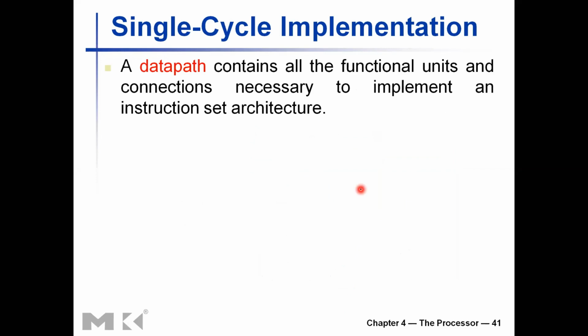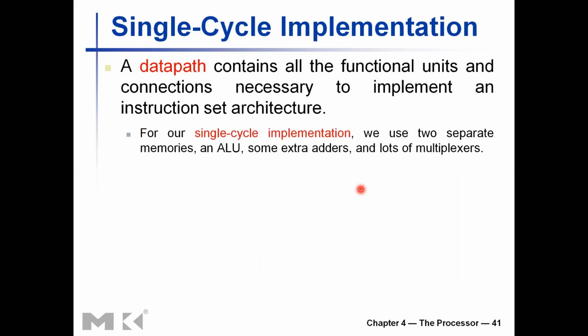The data path that we looked at contained all the functional units and connections or buses necessary to implement our MIPS ISA as a single cycle implementation, meaning everything is done within a single cycle.